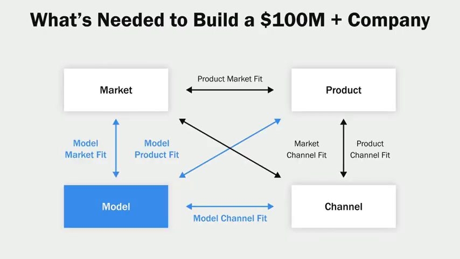We talked through the market, product, channel, model framework, and we specifically dove into model channel fit, model product fit, and model market fit. Now, these different fits inform us based on the friction in our model. Does it enable or disable different acquisition, retention, and target audience strategies?